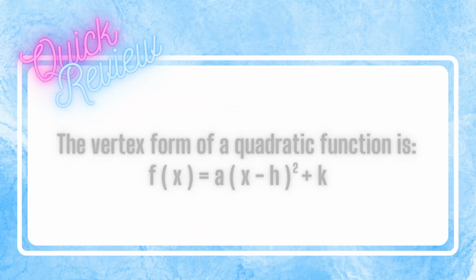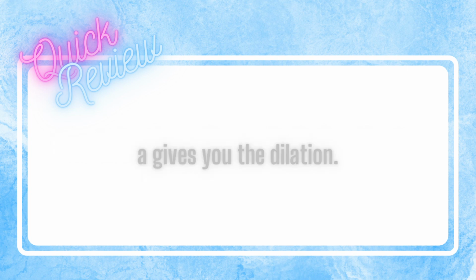As a review, the vertex form of a quadratic function is f(x) = a(x - h)² + k. And for the past few lessons, we've been looking at the effects of a, h, and k. a gives you the dilation. It tells you whether there is a vertical stretch or a vertical shrink.